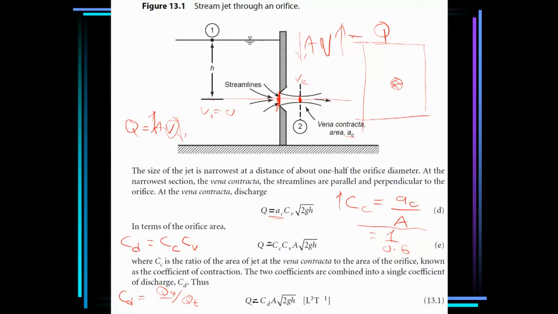This Q gives the actual flow rate, which is the flow rate if we carefully control it using any machine or simulate in the lab using a pump, so that we know exactly what the flow rate is. If we measure this height and substitute, and we know the coefficient of discharge, then the two values will agree.